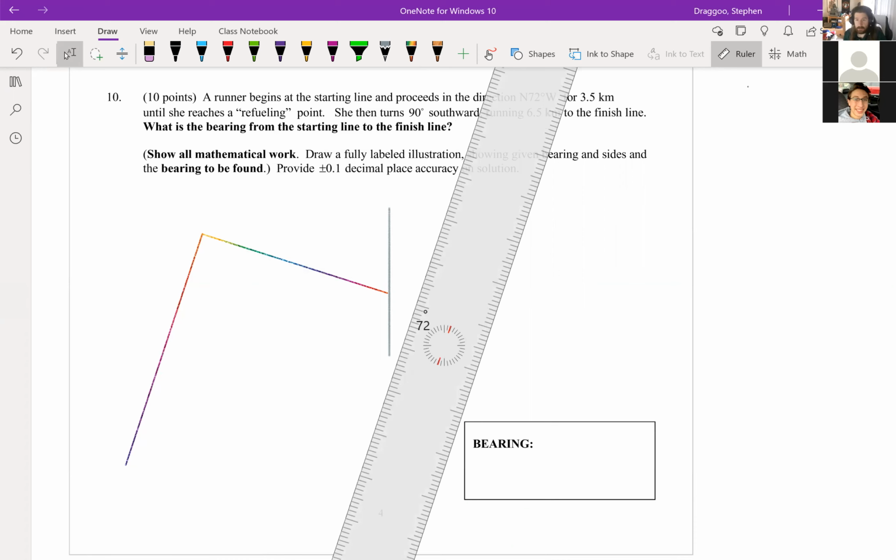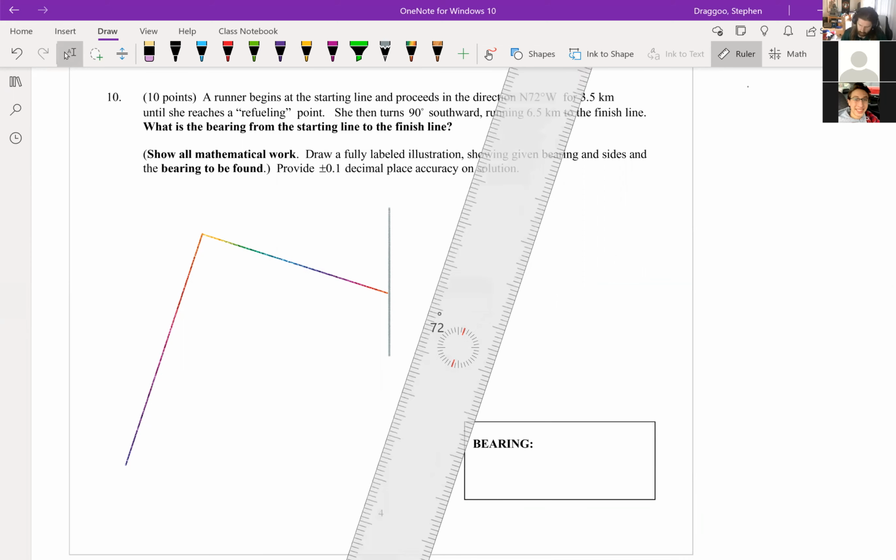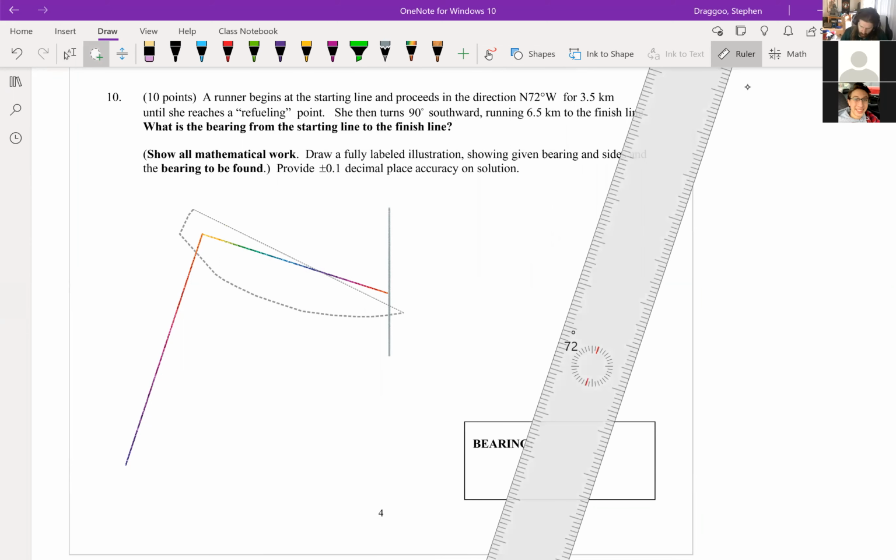And that's our runner's path. Let's actually shrink this down a little bit, just have that drawn a little more to scale.